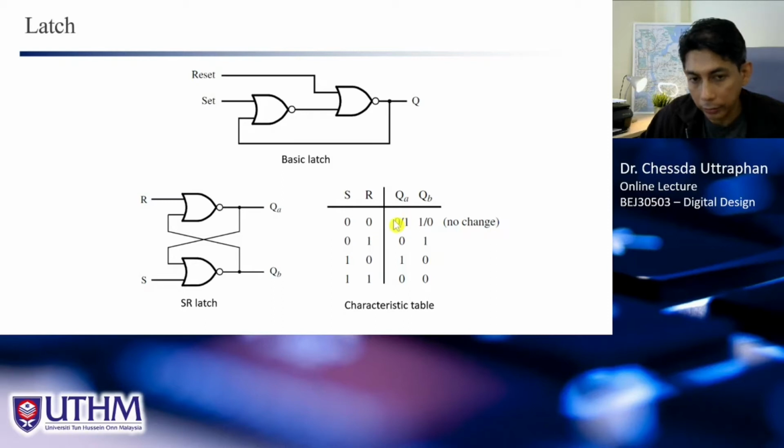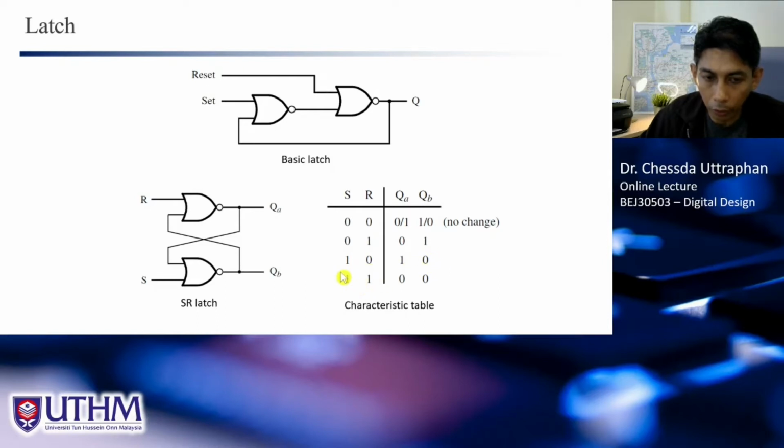If the previous value of the output is 0, then the output will stay or remain 0. If the previous value is 1, it will remain 1. So no change. But if R equal to 1 and S equal to 0, QA will be 0 and QB will be equal to 1. And if S equal to 1, R equal to 0, QA equal to 1, QB equal to 0.